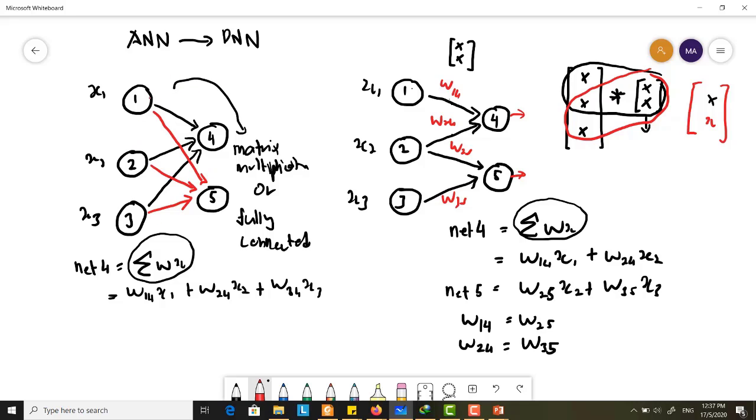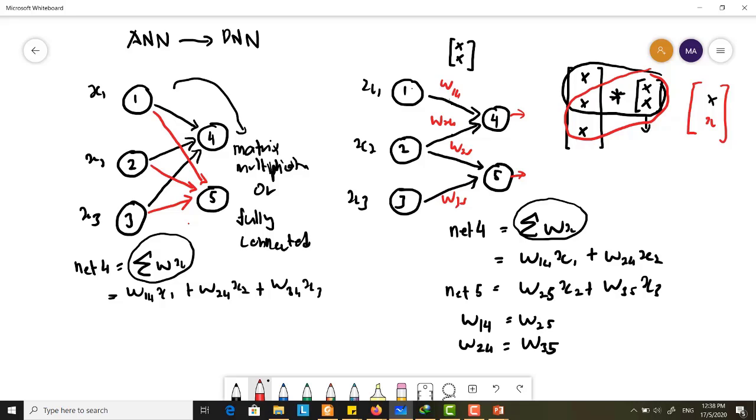matrix multiplication or fully connected. If you are still using this architecture, then to translate information from here to the next layer during the feed forward, you need more and more W, which is of very high computational complexity, meaning your computer will need to do a very heavy back propagation.